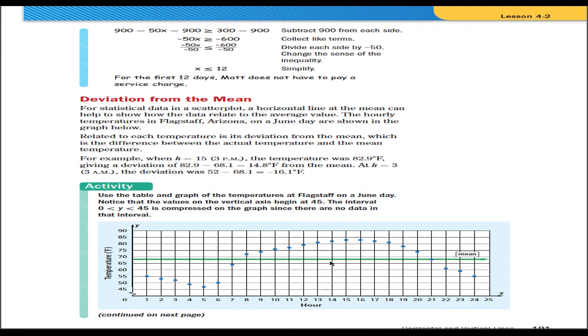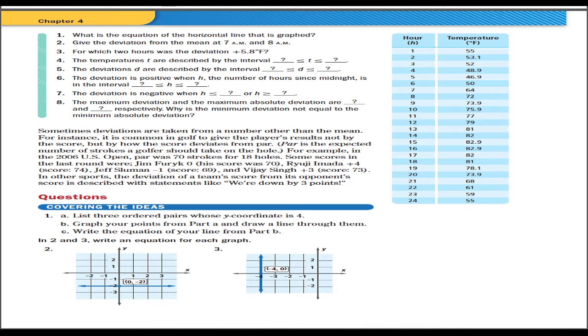And if you look down, you can see the graph that has the mean line, which is a horizontal line. Y is always the same value, y equals 68.1. So no matter what time it was, that's the mean. And then the data set are the points that are put into place over the course of the day, what's happened to the temperature. So what is the equation of the horizontal line that is graphed?